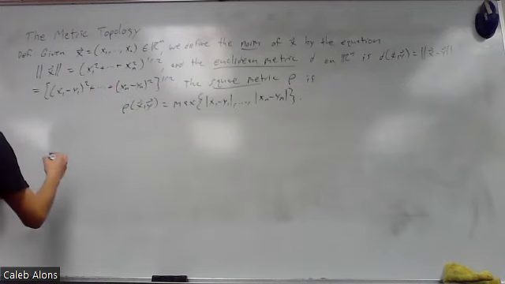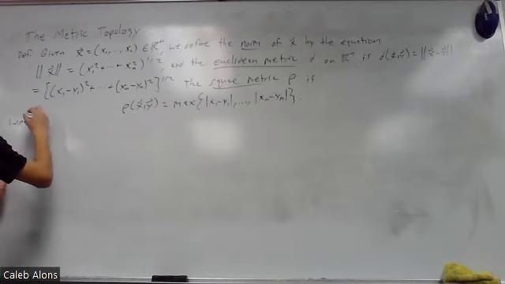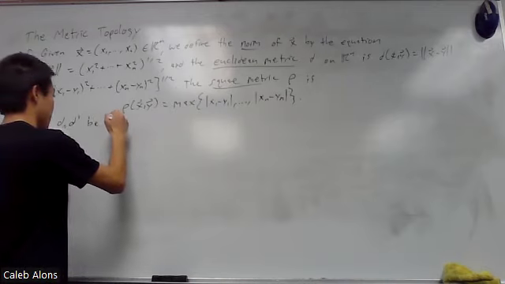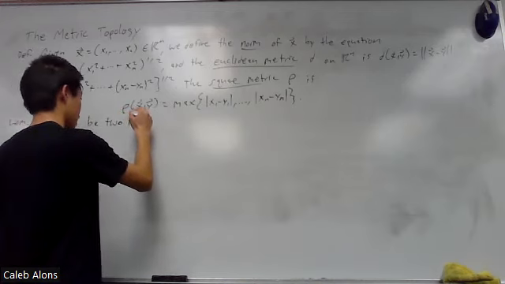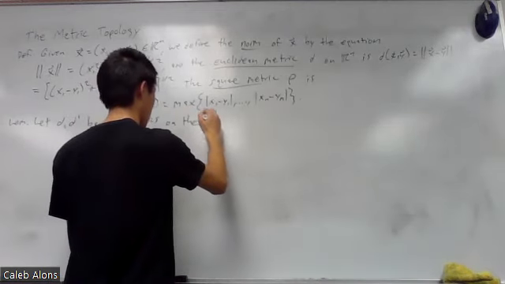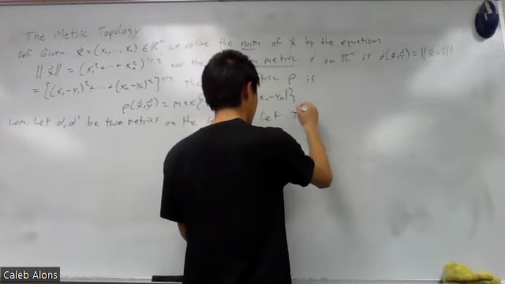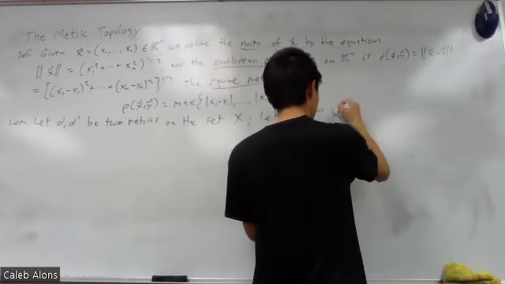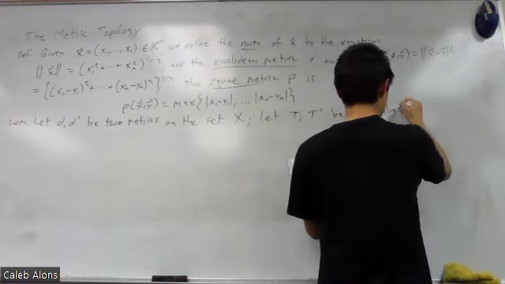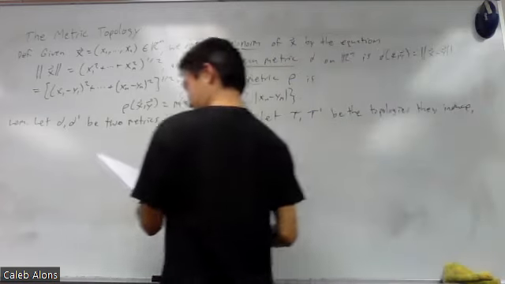Okay. And then the lemma is that let d and d prime be two metrics on the set X, and let T and T prime be the topologies that they induce, respectively.